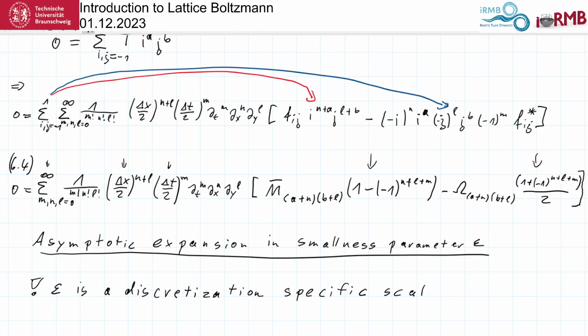So the discretization scales with this parameter. Typically what we mean by this is either the grid spacing or the time step. So this is what a scalable parameter of your numerical scheme usually is.